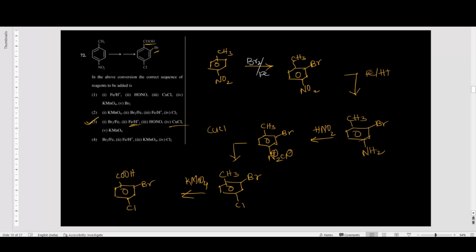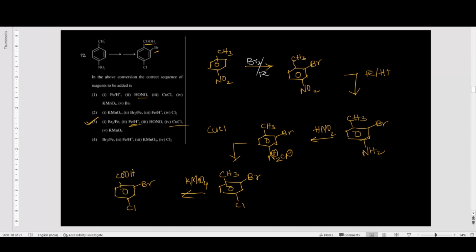So you can check the remaining options also. First they have given a reducing agent, so it will convert this into NH2, and then they have given HNO2, which will convert it to N2+ Cl−, and then it is replaced with Cl, right? And then KMnO4 will convert it to COOH, then Br2.